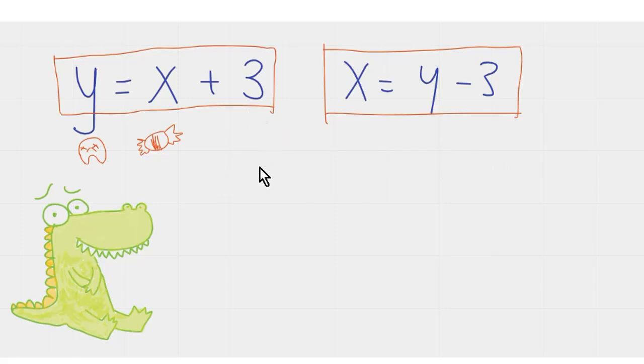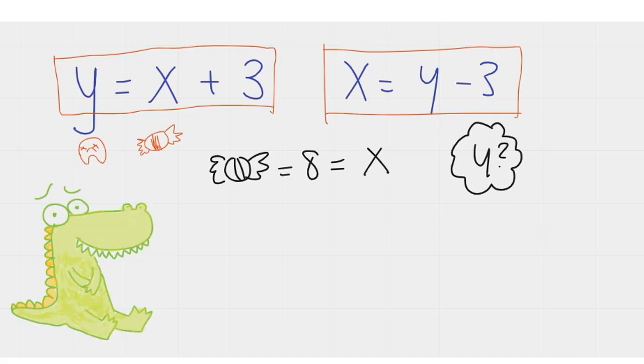Okay, now let's go through some examples together. So this time, Alvin ate 8 lollies. So that means x here equals 8, and we're asked to find y. So how many of his teeth will be rotten?